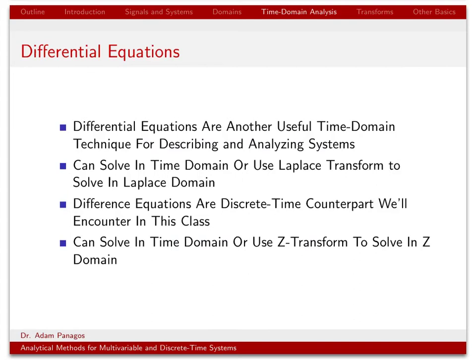So instead of representing a system with an impulse response, you learned how to represent a system with a differential equation. And you learned how to solve that differential equation to get the system output for some system input. So this is just another way of doing kind of the similar thing that you use the impulse response for, just in a different way.